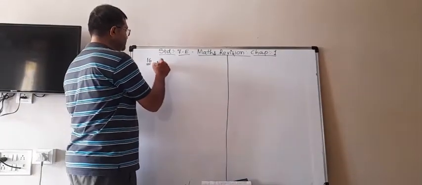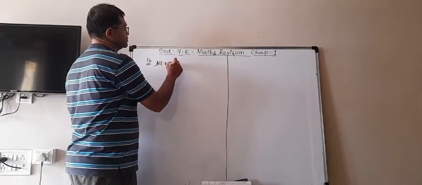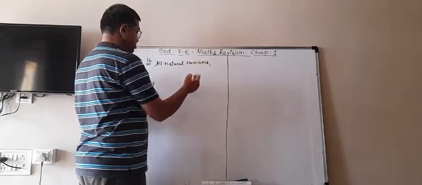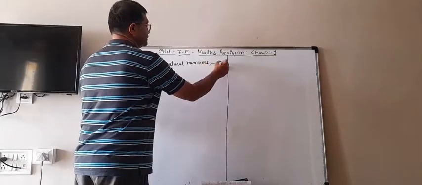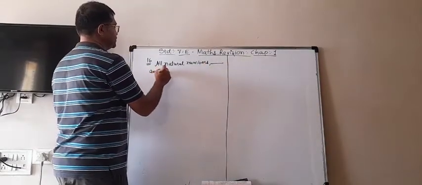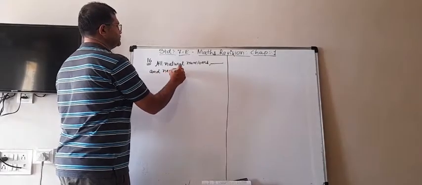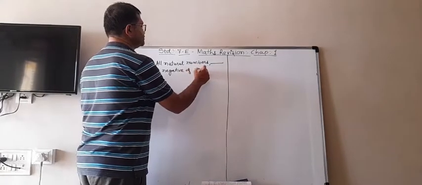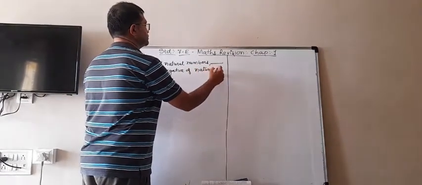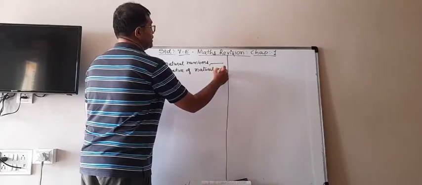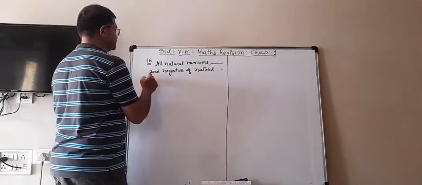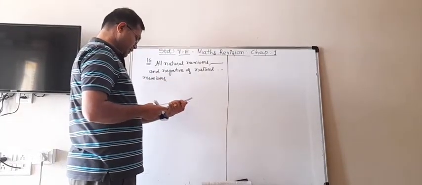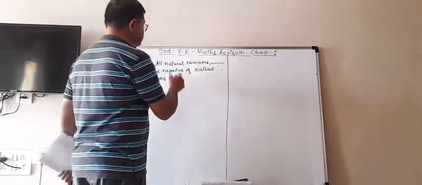All natural numbers, blank and negative of natural numbers are called integers.